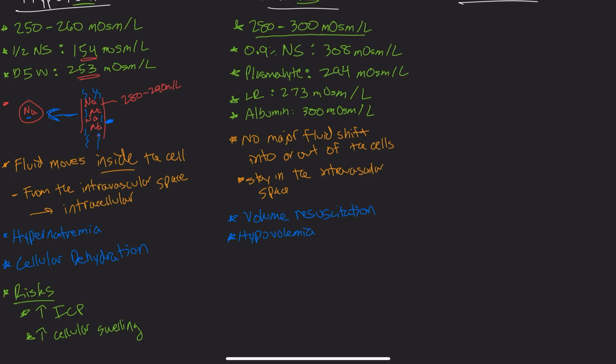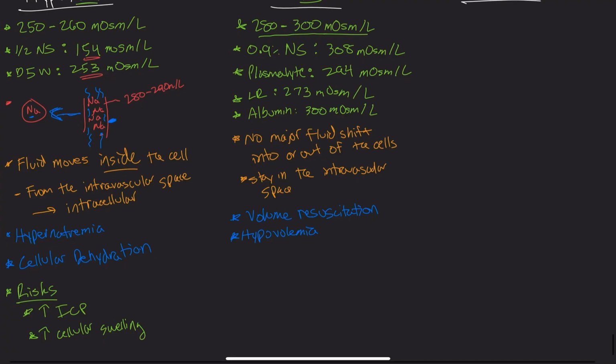So once again, you're just putting more fluid in the vascular space, right? Shock could be used as well. Now, the major risk, this one, once again, by just adding more fluid, you would think of things like fluid overload. Be an obvious one there.